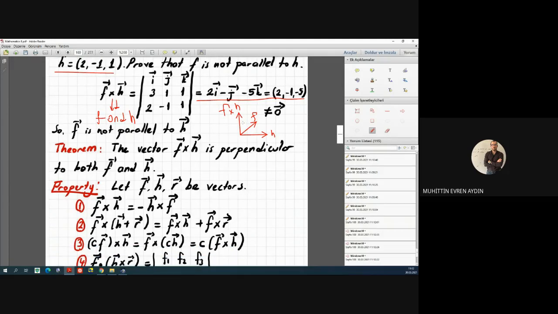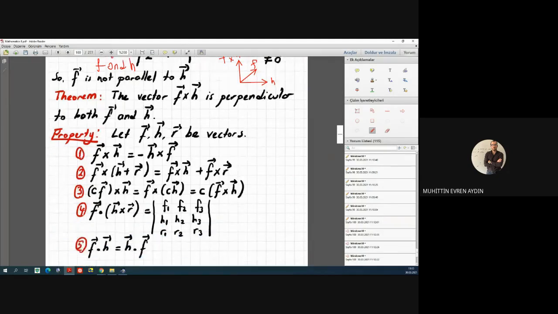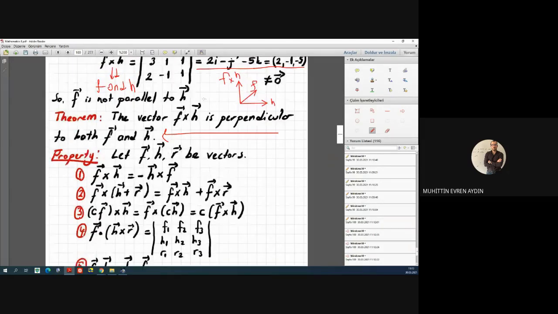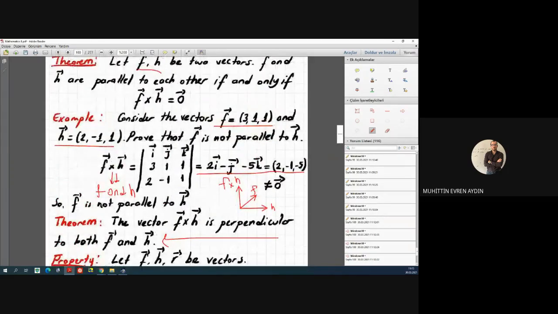And the angle between f and h, and f cross product h, is the right angle. Yes. This is the theorem we already proved. We haven't proved it, but it's quite easy because of the properties of the determinant.